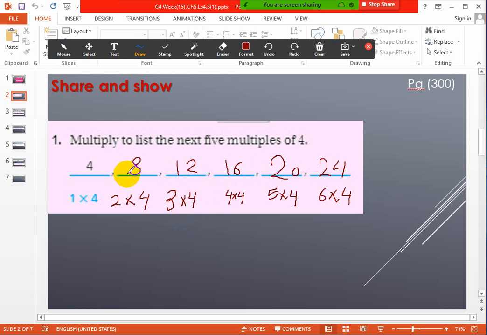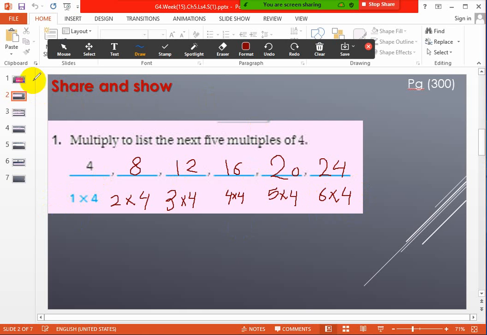So those multiples will help me to find the factors or to understand the factors also. Now we will see that by solving exercise number 2, 3, 4, and 5. Okay, did you write those multiples? We talked about this lesson before. Now we will see the relationship between those multiples and the factors.